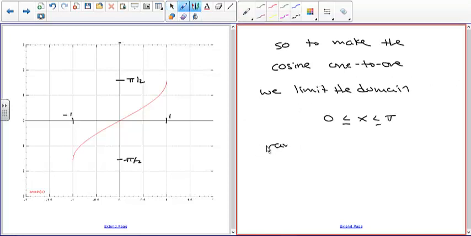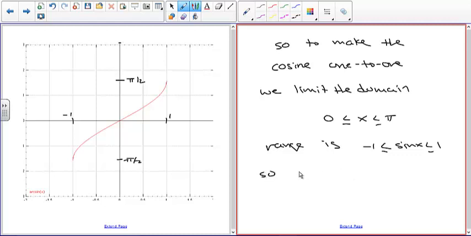The range is still negative 1 to positive 1. So I guess I said y before. I'm going to put x, sine of x. So if x goes between 0 and pi, the sine of x is between negative 1 and positive 1.